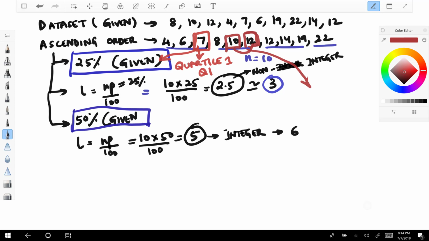So that is 10 plus 12 divided by 2, that's 11. So the 50th percentile is also called the median because it divides the data into two halves. We studied the 50th percentile previously. So this is our median.